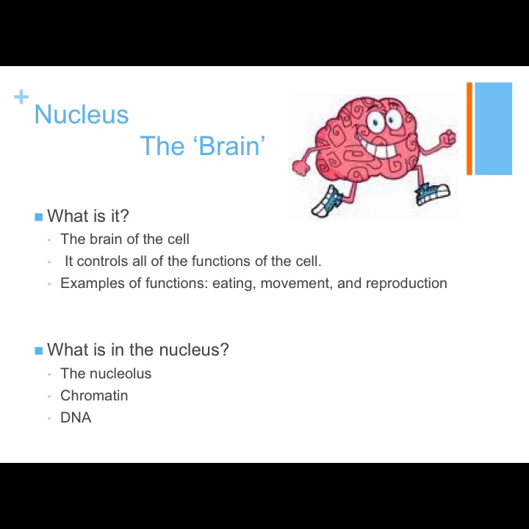And then we come to the nucleus, which is often referred to as the brain of the cell. It controls all of the functions going on in the cell, and knows what's going on in the cell at all times. For example, it controls eating, movement, and reproduction. And the nucleus contains all the genetic information that the cell needs to reproduce.